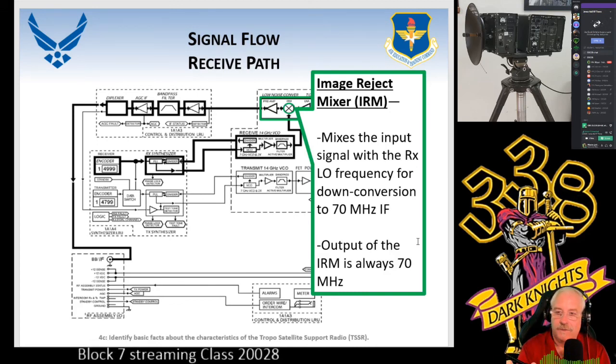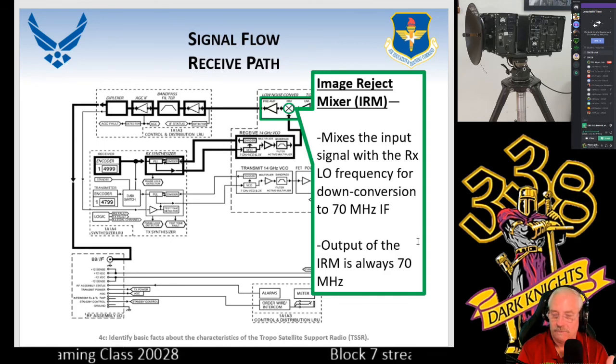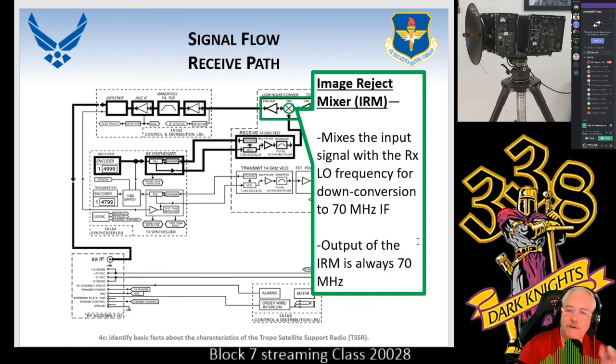We have the 15.07 coming in. So when I mix them, I'm going to have 15 gigahertz, 15.07 gigahertz, I'm going to have 30.07 gigahertz, and I'm going to have the difference, which is 70 megahertz. Now, all 4 signals are coming out of there.